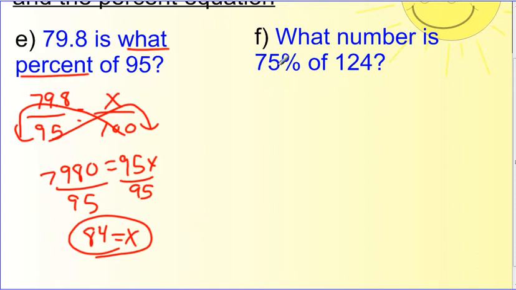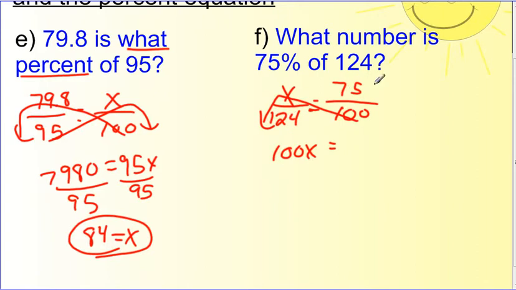Letter F. What is 75% of 124? Okay, so first off, we got percent over 100. The of number is 124. Whatever number is left over, well, there's nothing left over, so that's our missing piece. What number? Okay, and cross multiply. We got 100x here.